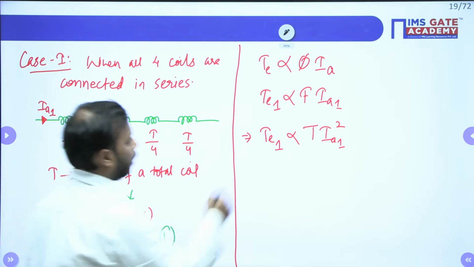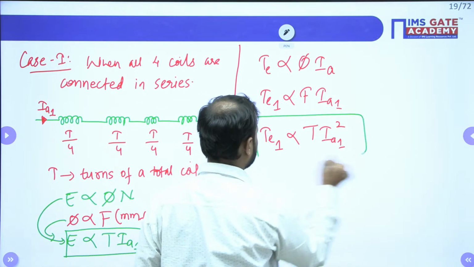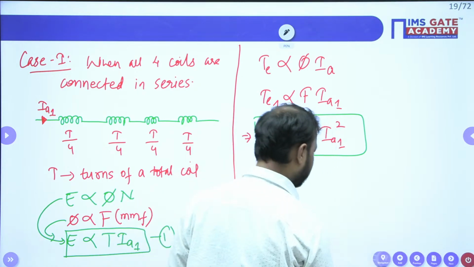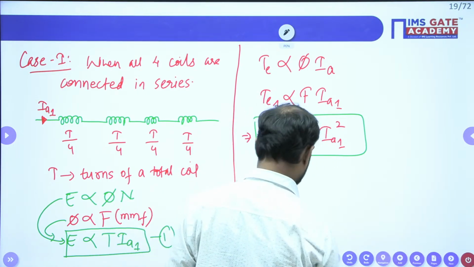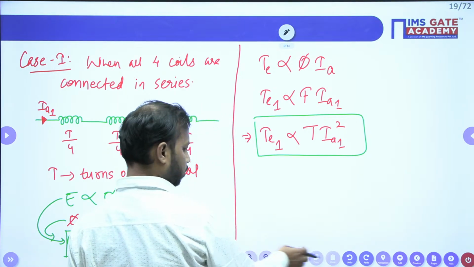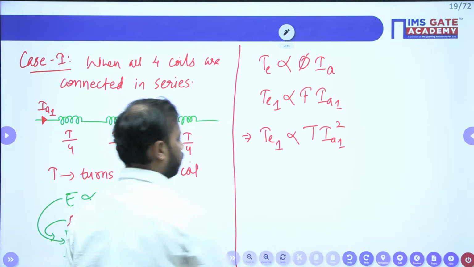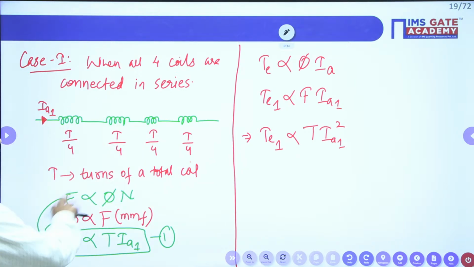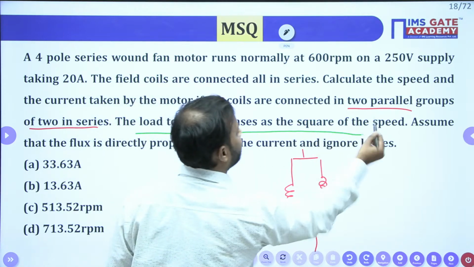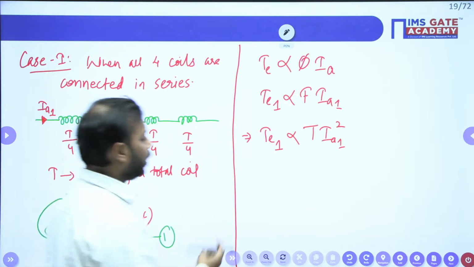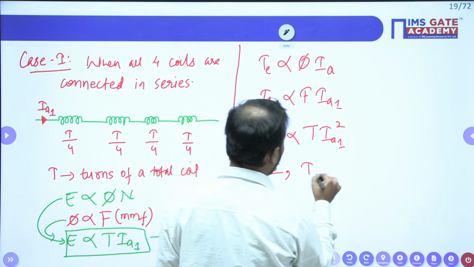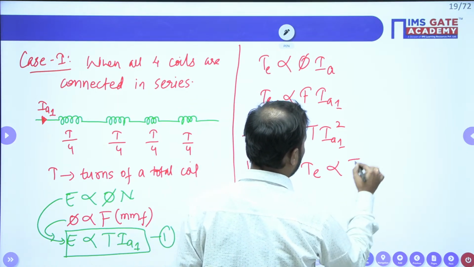Or what we can do, we can directly write here. See, your load torque increases as a square of the speed. So under steady state, your electromagnetic torque is proportional to load torque.